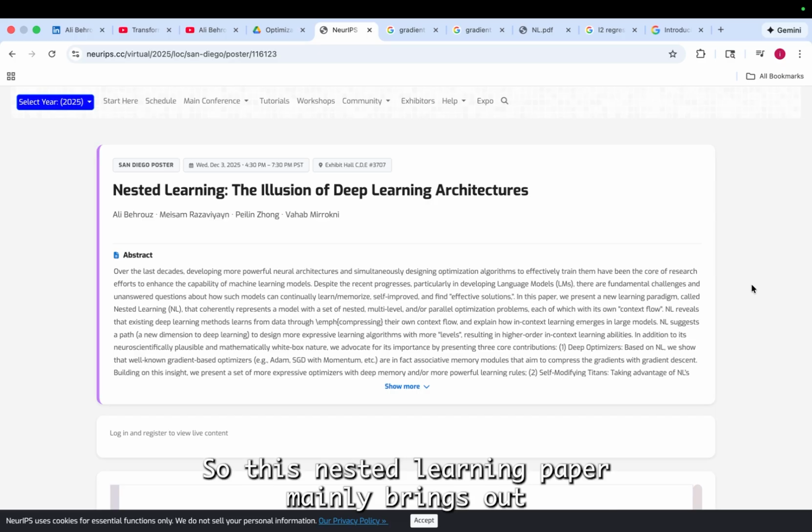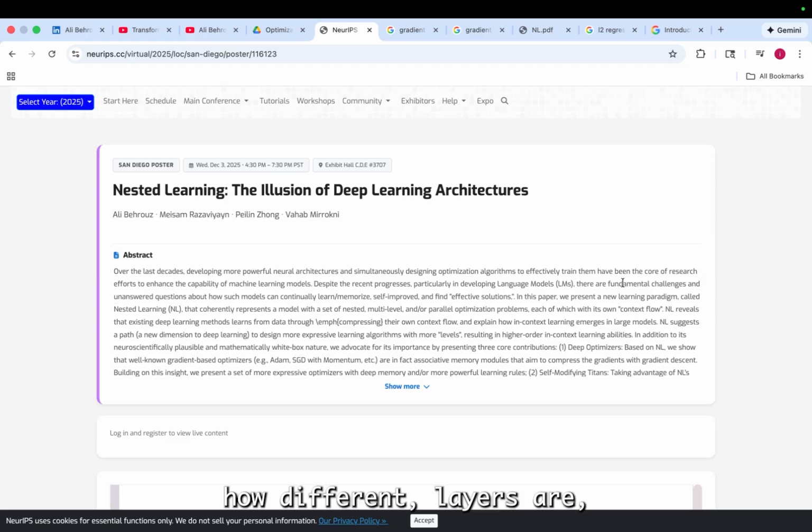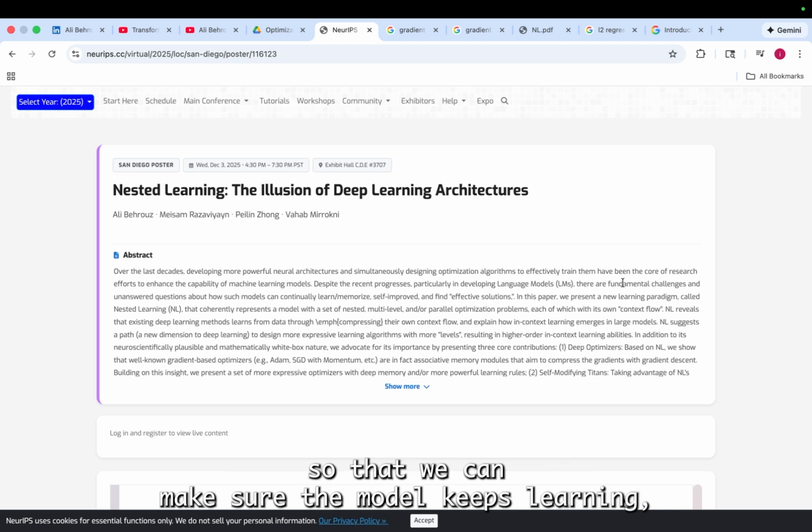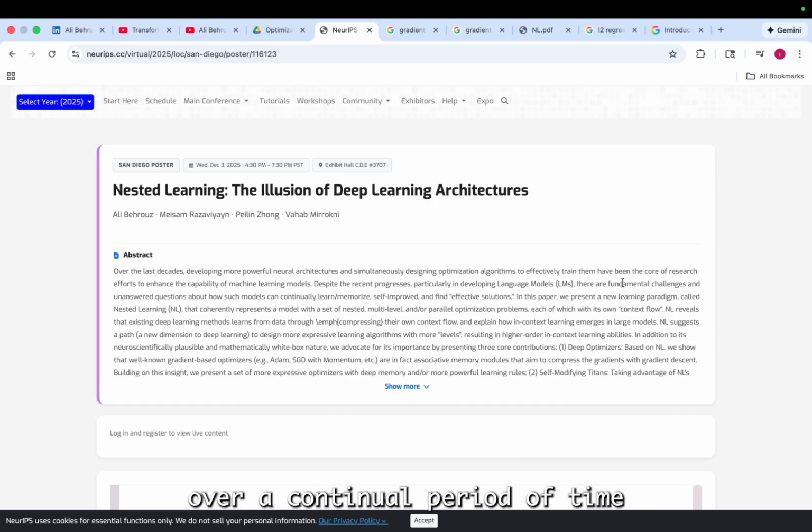So this nested learning paper mainly brings out how different layers or architectures within large language models learn, and how we can optimize it to the maximum so that the model keeps learning over a continual, very long period of time.